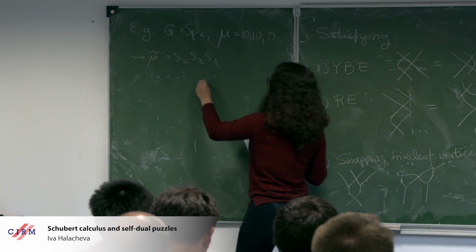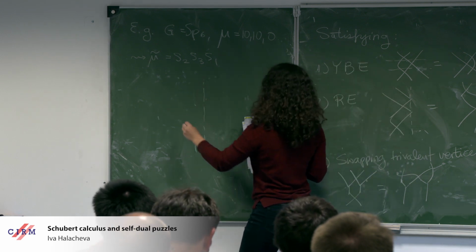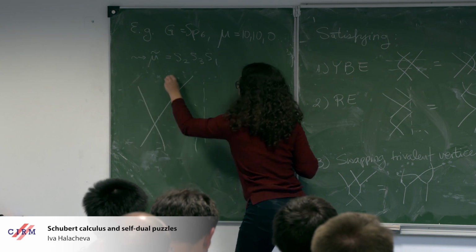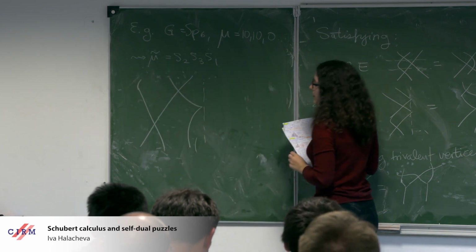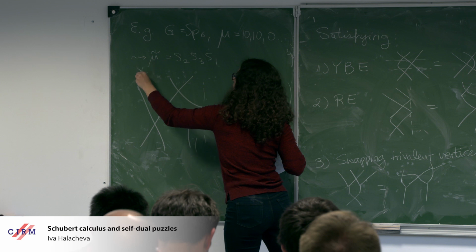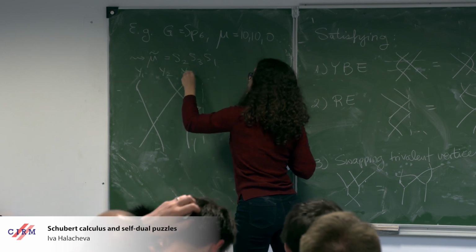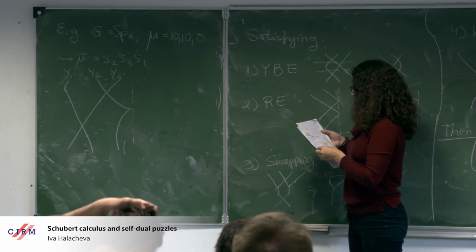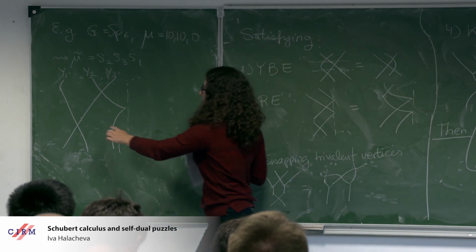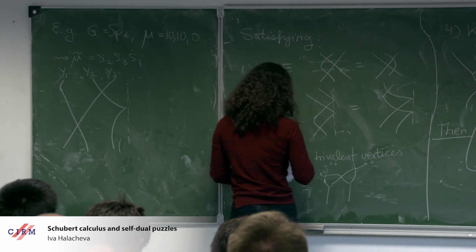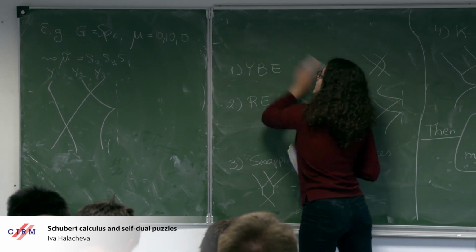And so we have the diagram of the following type, with the parameters y1, y2, y3. So this corresponds to our matrix. Okay, I'll write on this board.